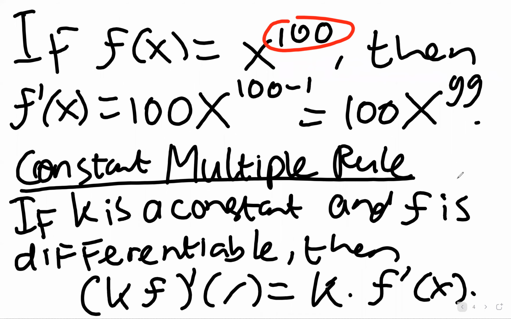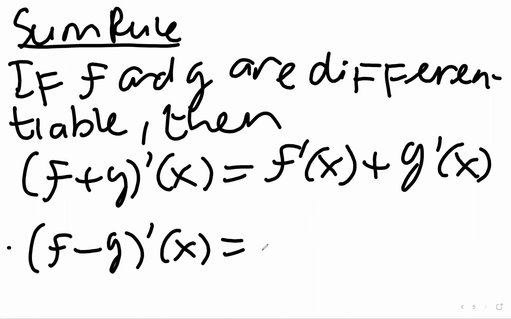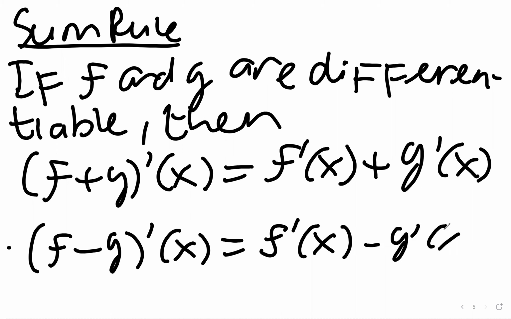Let's take k equals -1, then you may obtain as a corollary that (f minus g) prime of x equals f prime of x minus g prime of x.